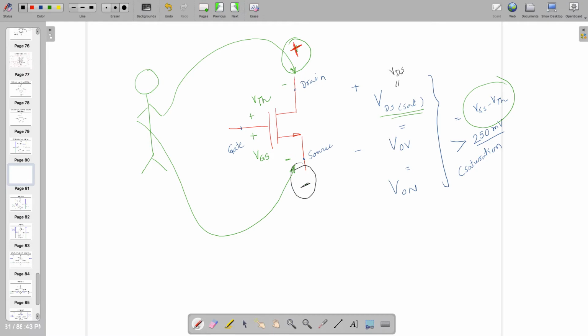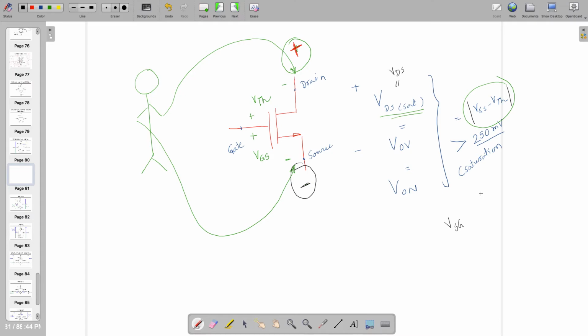Notably, pMOS is reversed, and the equation is also changed, because this equation does not become VGS minus VTH, but it's the mod of VGS minus VTH. Sometimes people write VSG also, instead of VGS, because it goes from higher to lower voltage, so you need to take care.